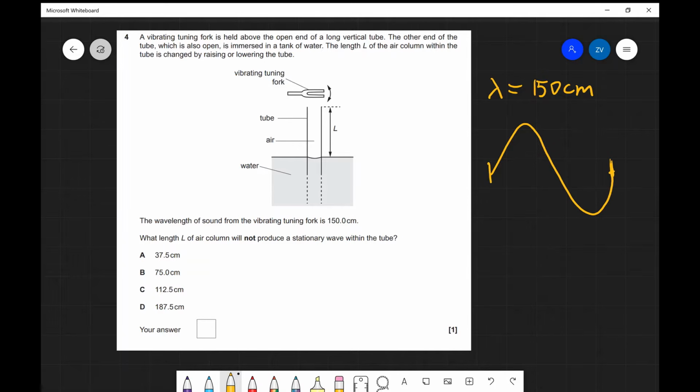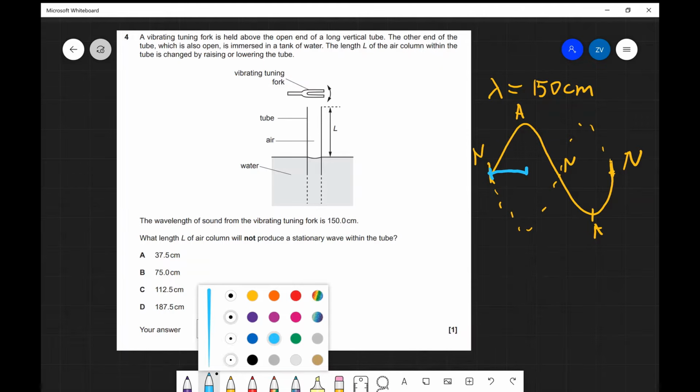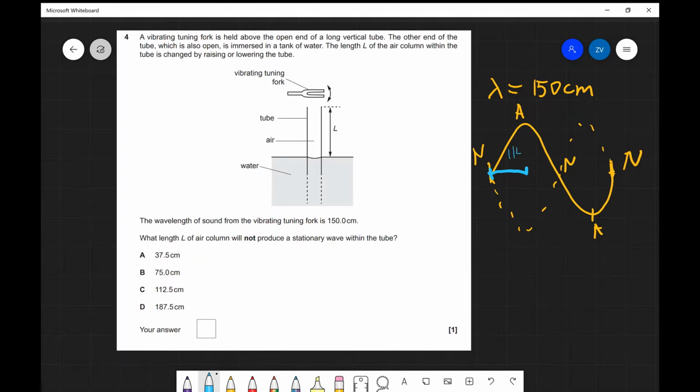We have a node, an antinode, a node, an antinode, and a node at the end, with the same amplitude, and the string vibrating. Now the distance between a node and an antinode is 1/4 of a wavelength. That's really important for this question.